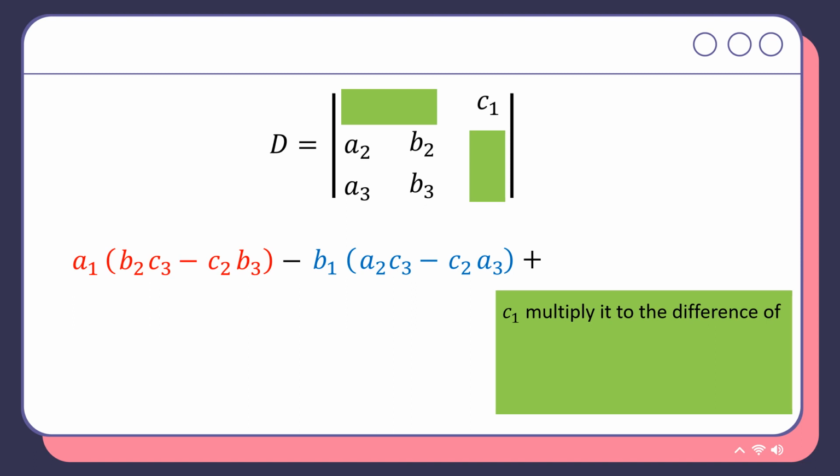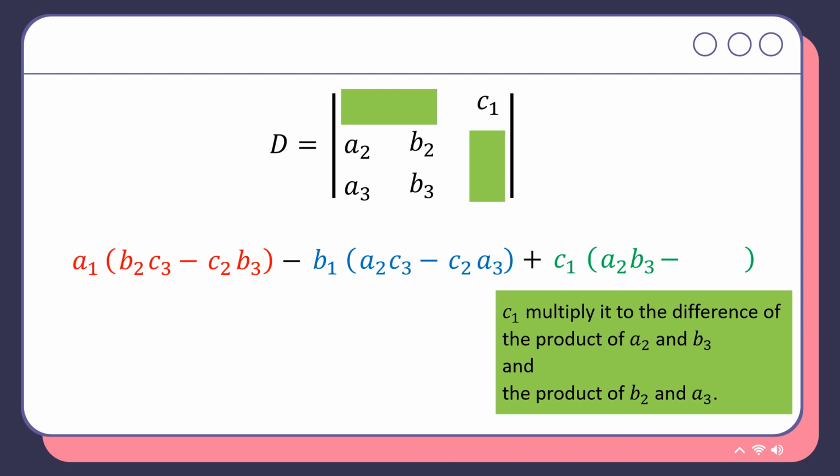C sub 1 multiply to the difference of the product of A sub 2 and B sub 3, and the product of B sub 2 and A sub 3.